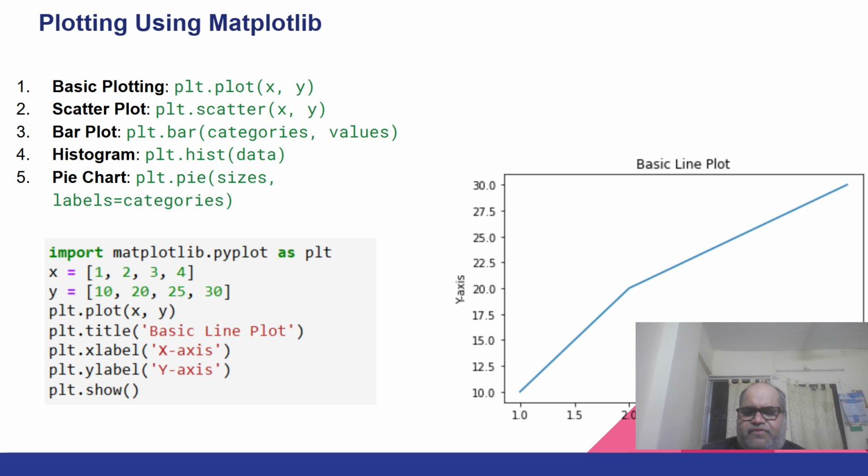Now, to print a simple, basic line plot, the first thing, as you might see here on your screen, is import matplotlib.pyplot as plt, and say for example we have several values of x and y as lists. You can simply call plt.plot with x and y, and then you can add title, x label, y label with appropriate strings, and simply call plt.show.